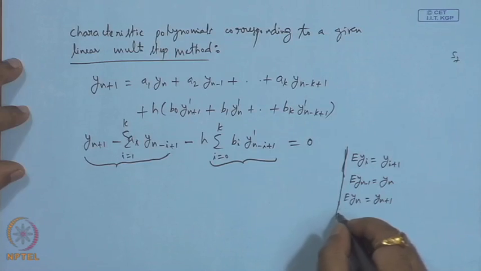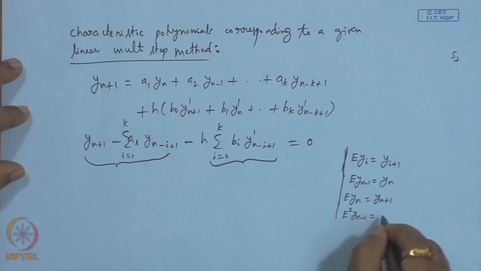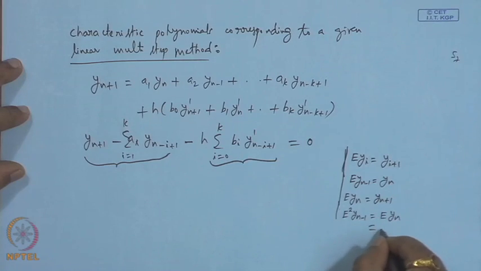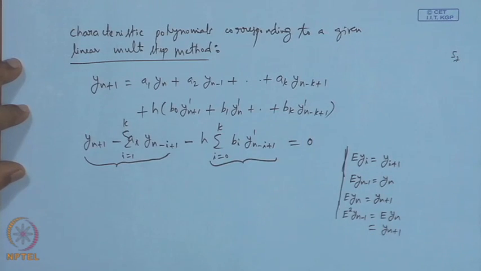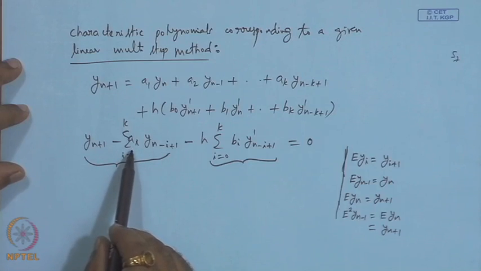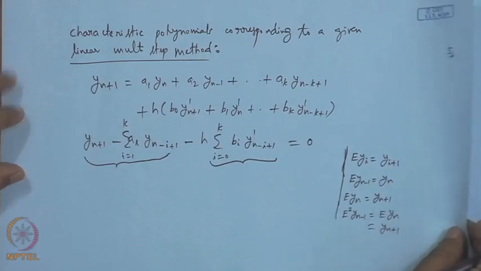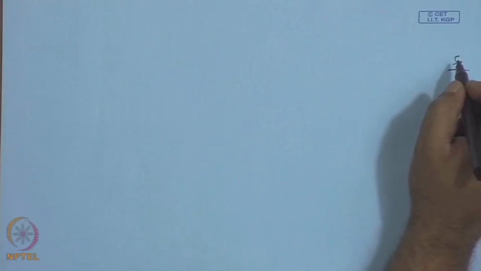Therefore, E squared on y n minus 1 is E on y n, which is y n plus 1. Like this, these can be converted and we have coefficients. Let us see how this can be simplified from the notation point of view.